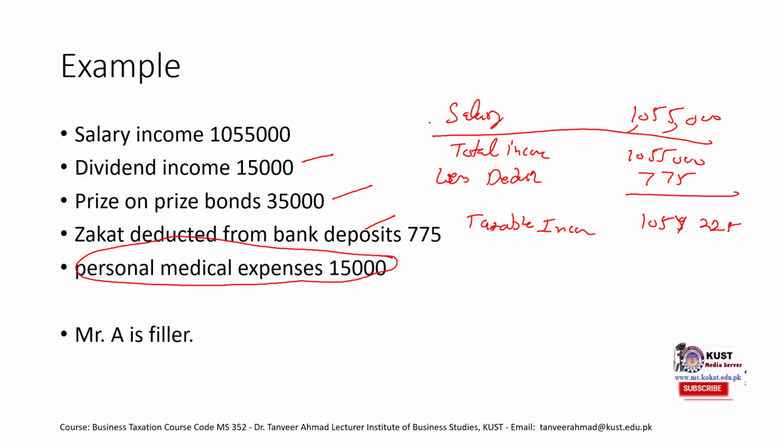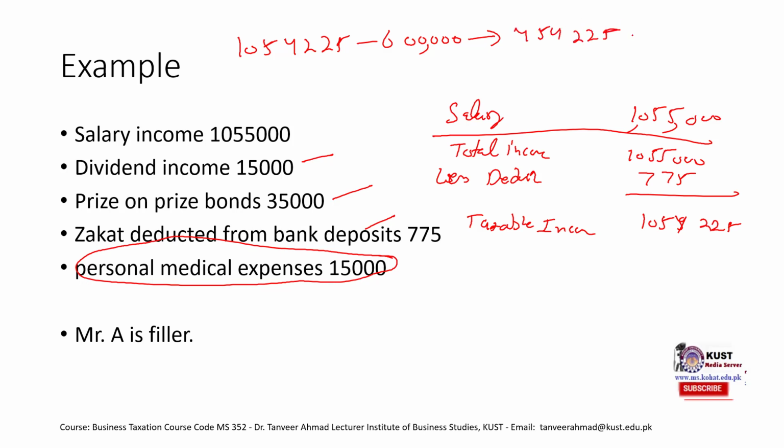Okay, so how do we calculate this tax? Our taxable income is 10,54,225, but remember we have to pay if it exceeds 6 lakh rupees. So the amount that exceeds 6 lakh rupees is 4,54,225.